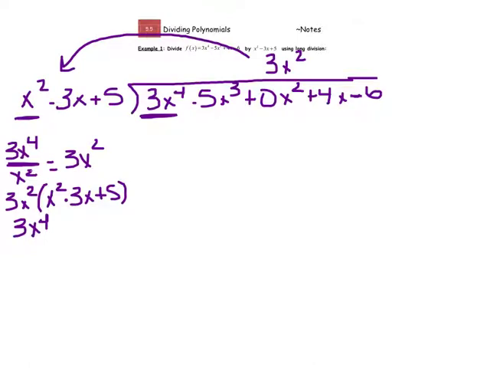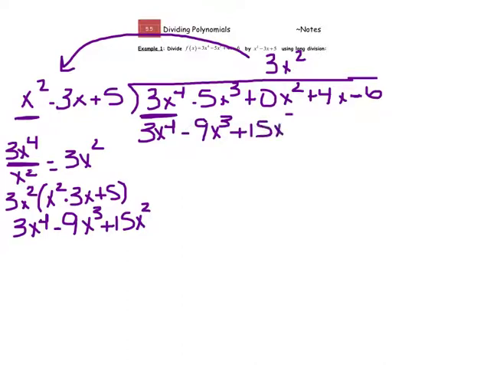Then 3x squared times negative 3x gives us negative 9x cubed. And then 3x squared times 5 gives us a positive 15x squared. I'm going to write that underneath now: 3x to the 4th minus 9x cubed plus 15x squared.